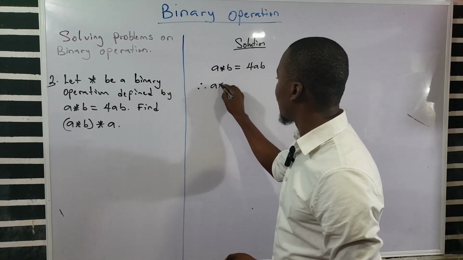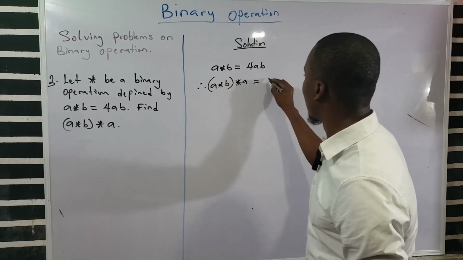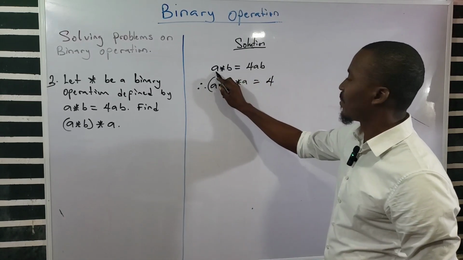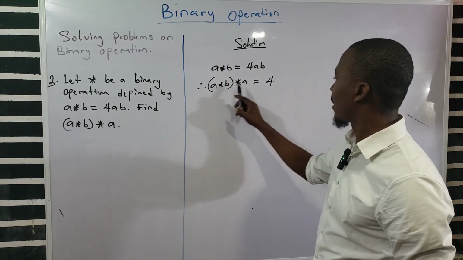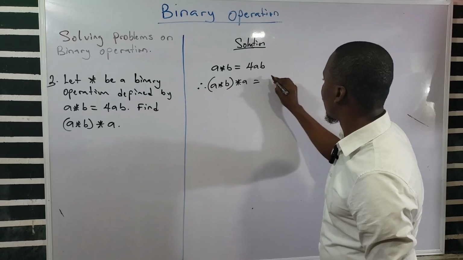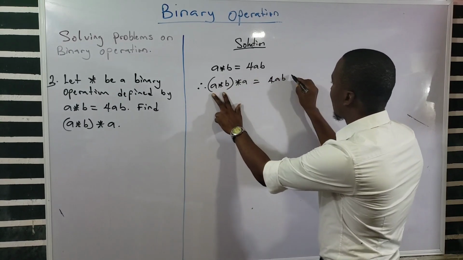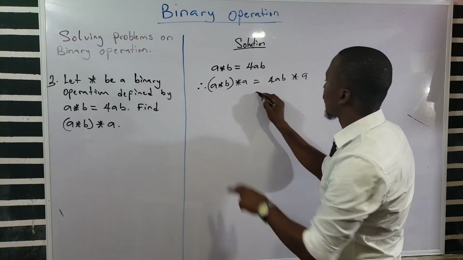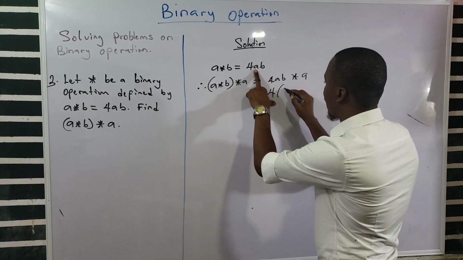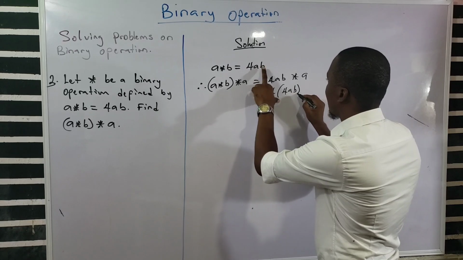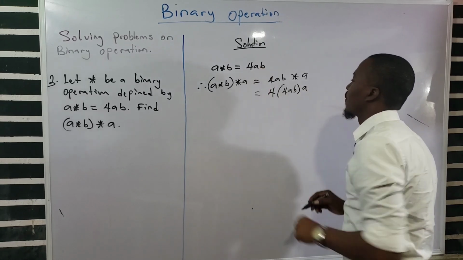Therefore, (a * b) * a will give us 4 times the first term. In this case, the first term is the bracket, which gives us 4ab. That's what we have in the bracket, * a. So that will give us 4 times the first term, which is 4ab, times b, which in this case is a.